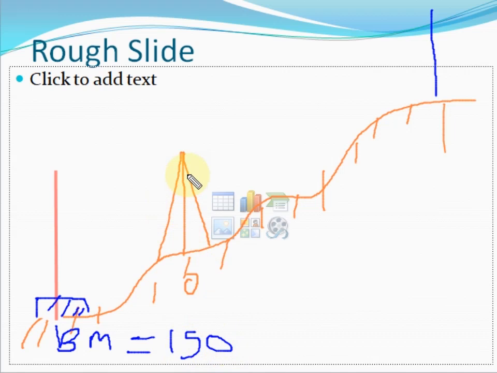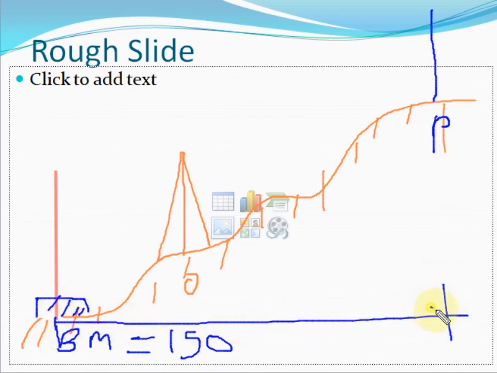So you have to find out the distance between the benchmark and the point P, where the other staff is kept. The total distance has to be found from this position to this position.